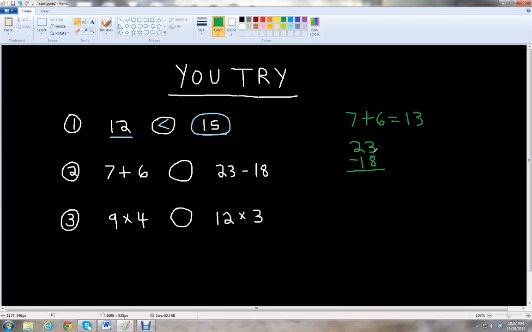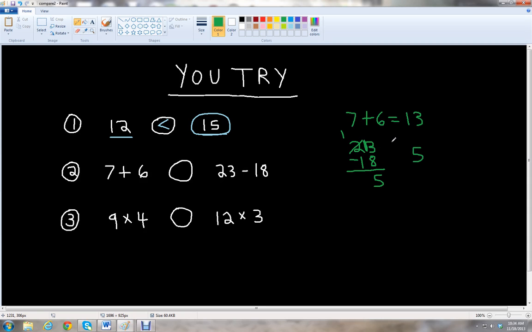And we can't take 8 from 3, so we borrow from the 2, make it a 1. And then this added to 10 plus 3 is 13, so we have 13 there. Then we do 13 minus 8. This is 5. And then the 1 minus 1, 0. So we just have 5. So 23 minus 18 is 5.